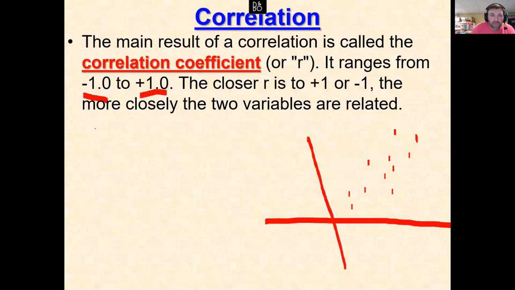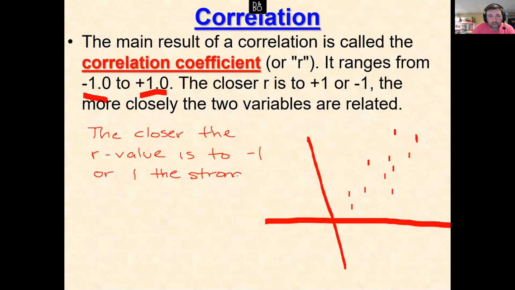So the closer the R value is to -1 or +1, the stronger the linear relationship.